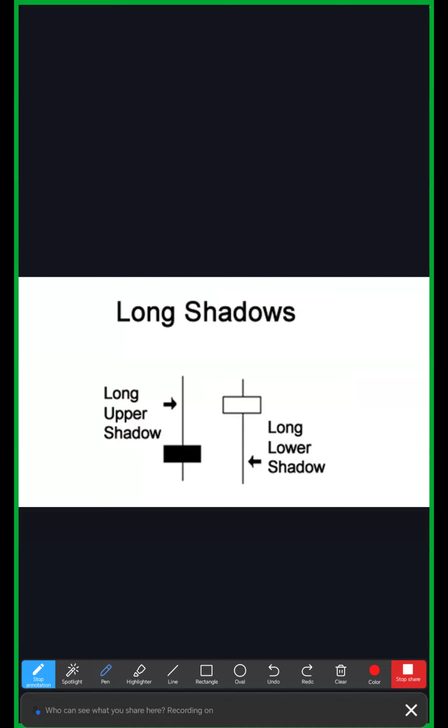That acts as a language for you to understand what buyers and sellers are doing in the market. Buyers and sellers are talking, and you want to become one of them.